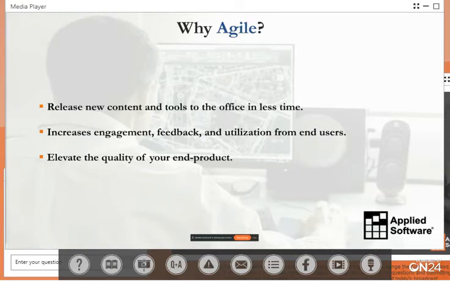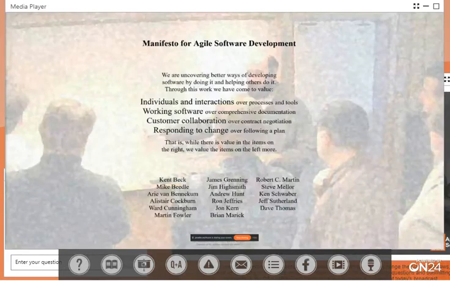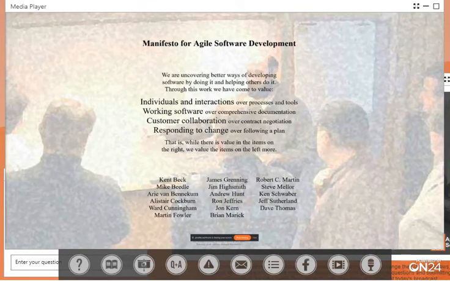So that's why Agile. Now, if we walk back in time, Agile is a fairly new methodology. I say fairly new. I think the year 2000 is kind of recent, but you look at the calendar and you kind of ask, is it? I'm getting old, but I'm not old yet. So if we go way back in time to 2000, 2001, there was this manifesto for Agile software development that was released.